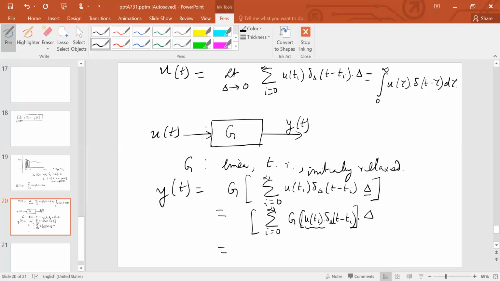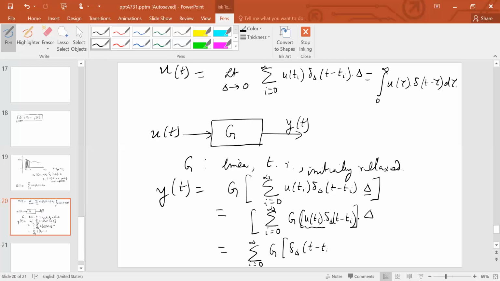Therefore, we can write this quite simply as the summation over i equals 0 to infinity of u of ti times G of delta of t minus ti, times delta, where just the delta remains inside.